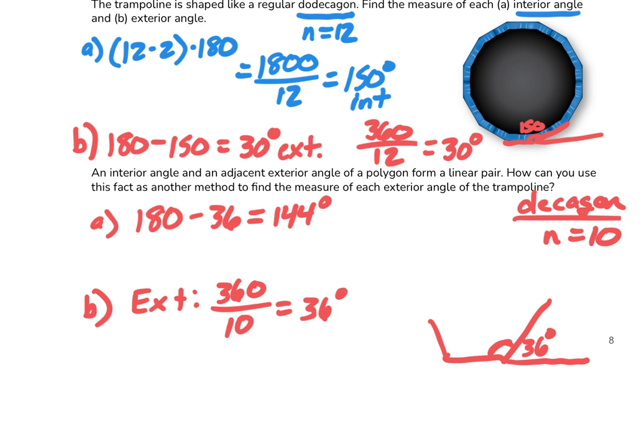Try to think about it in a little bit different way. And remember that they make a linear pair. They always make a line. The interior and the exterior will always make 180 degrees. So if they make a line, and I know one of them, I know the other one is 180 minus the first one.